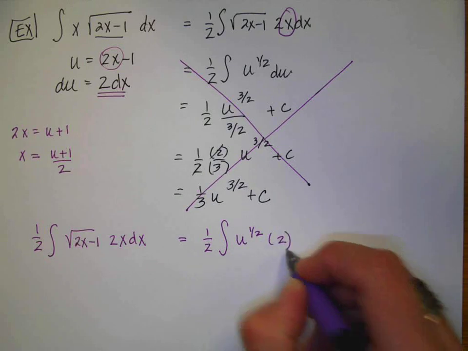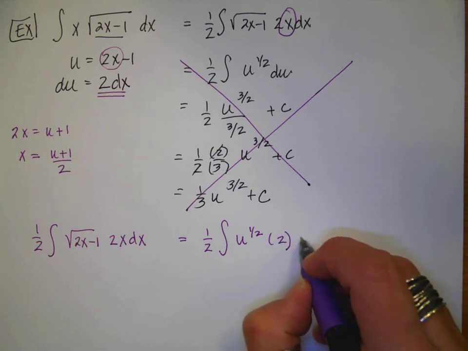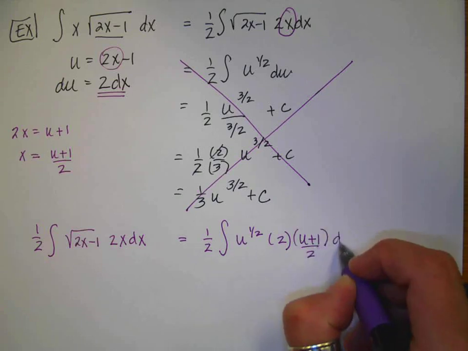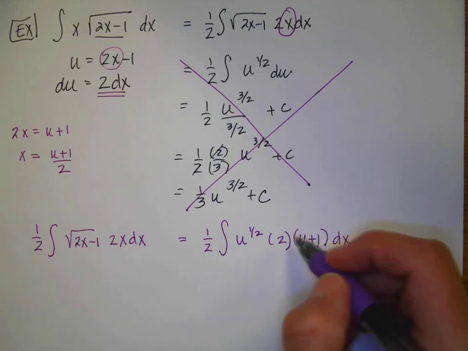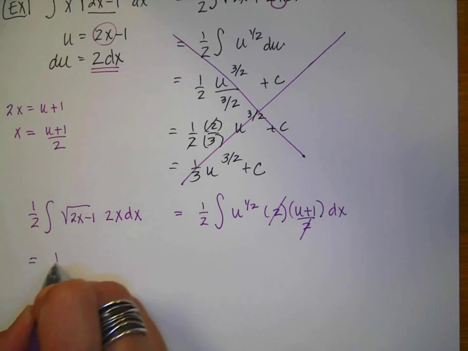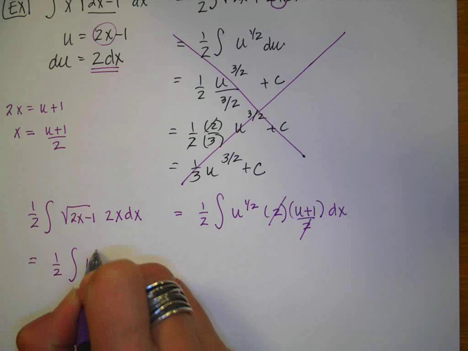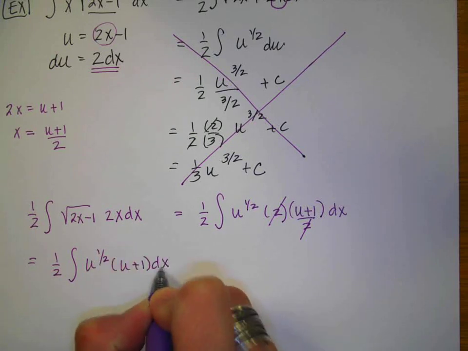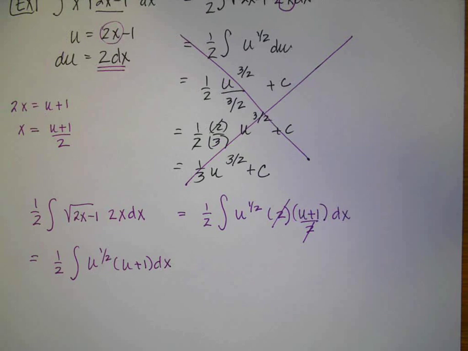So I'm going to have my 2 that I introduced on the inside. I'm going to have my x, which is u plus 1 over 2, and then I have my dx. Well, on the inside, these 2's cancel, right? So I end up with 1/2 times the integral of u to the 1/2 times u plus 1 du.